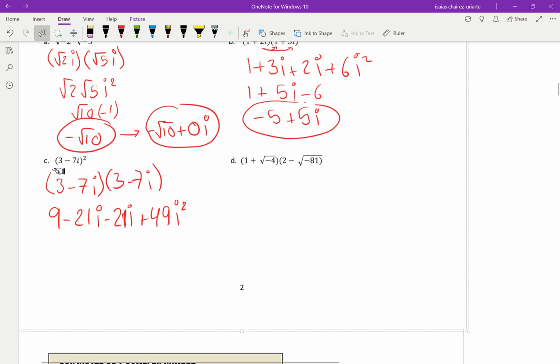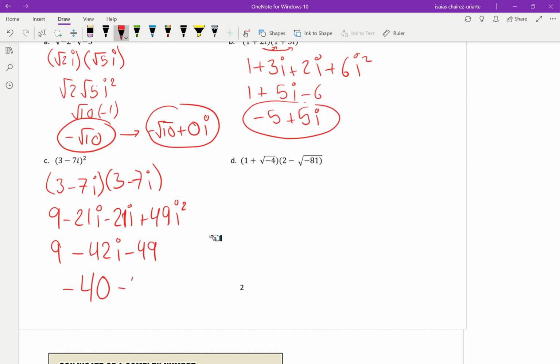So here what happened, it was 3 times 3, that's how I got this 9, 3 times negative 7i, that's negative 21i, negative 7 times 3i, that's negative 21i, negative 7i times negative 7i, that's positive 49i squared. Collect like terms and simplify now. So 9 minus 42i minus 49. Okay, so let me finish this. So negative 40 minus 42i is my final answer.